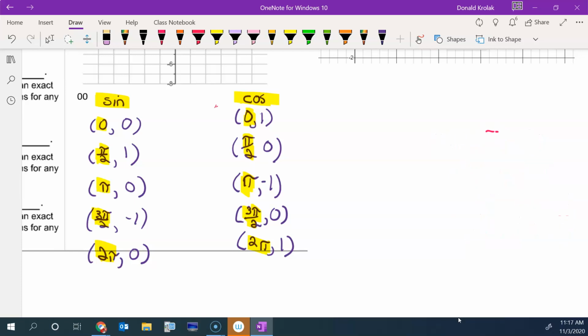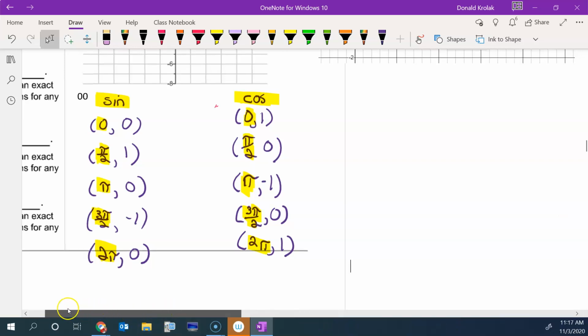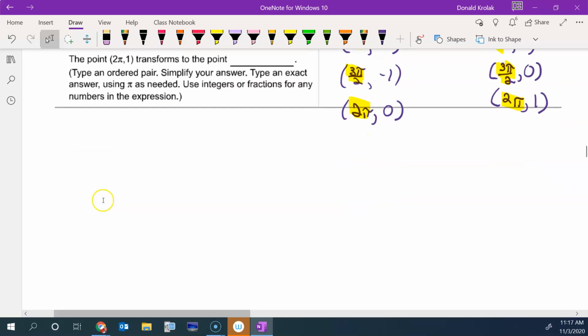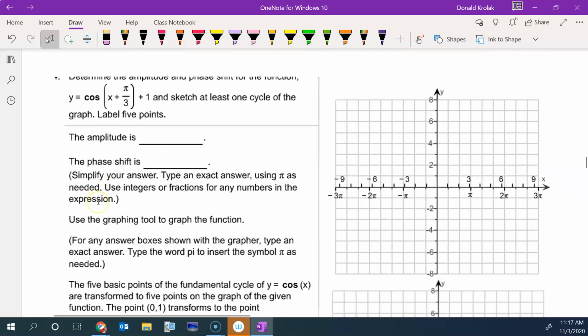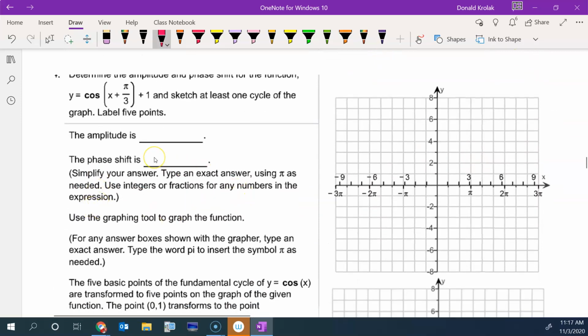Now, the next one isn't any harder, except you're just adding to the X's and the Y's. All right, so when you go to graph this, our amplitude's 1. My phase shift would be negative pi over 3. So I'm going to be subtracting pi over 3.